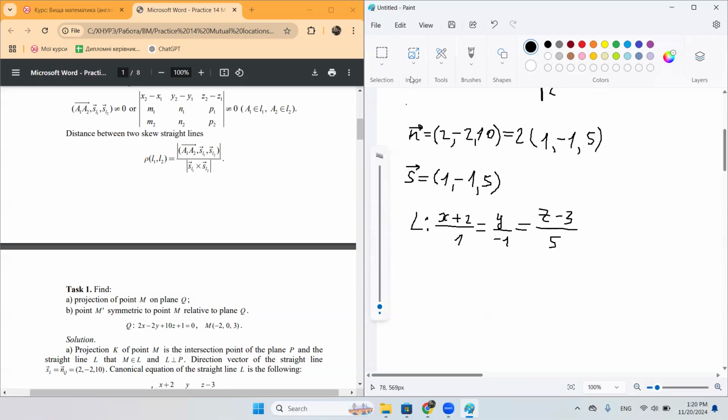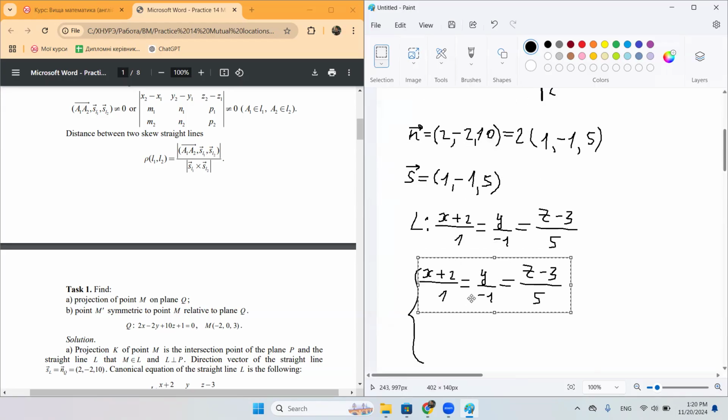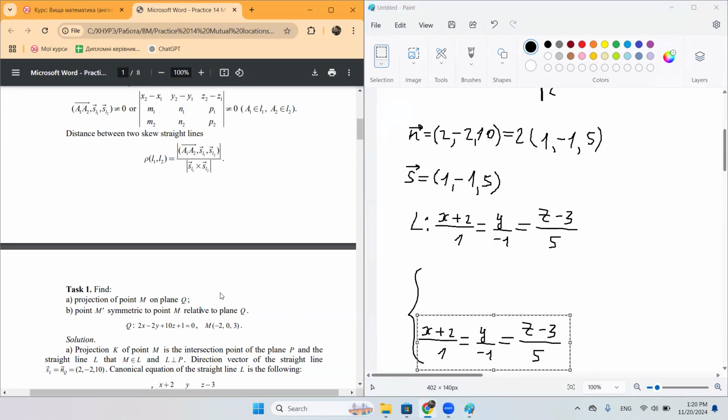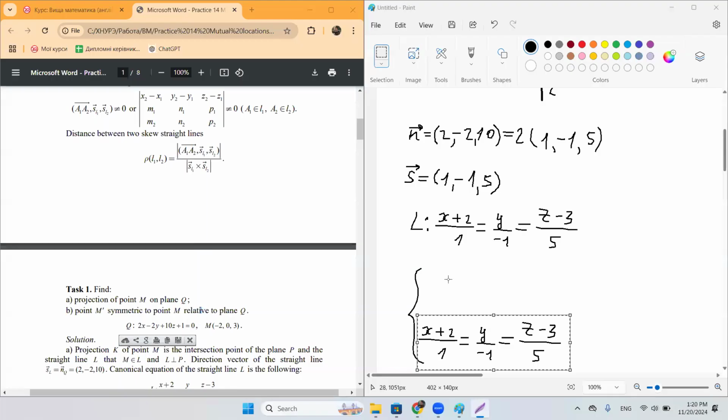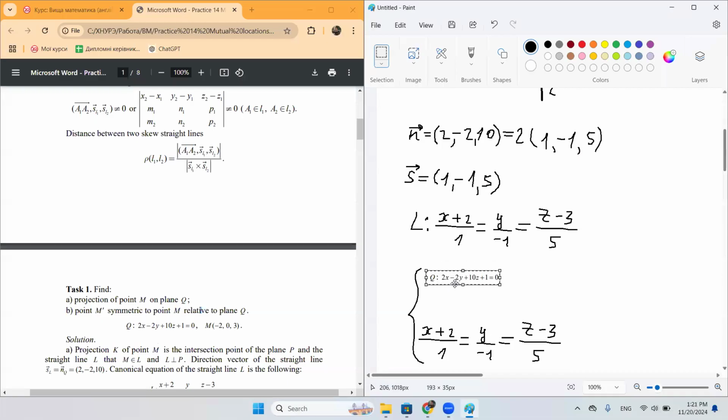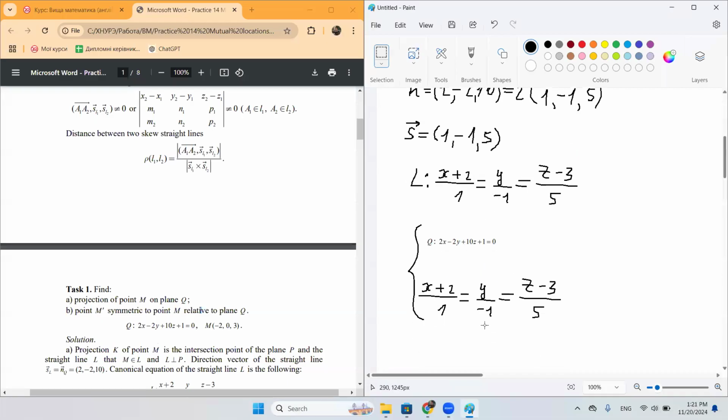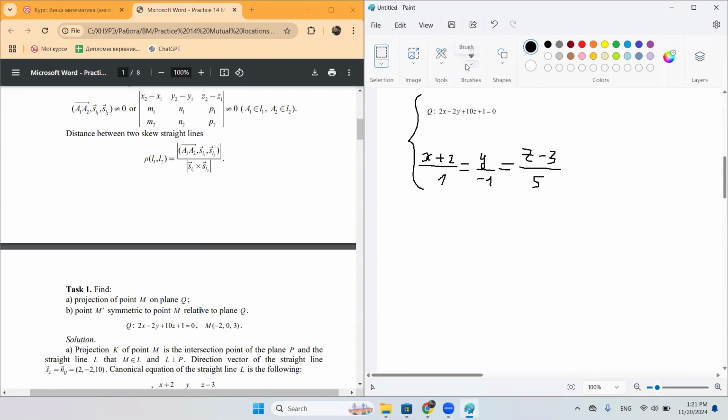And now we need to solve the following system of equations. Okay, so let me rewrite it. As before, we need to rewrite canonical equations to parametric form.